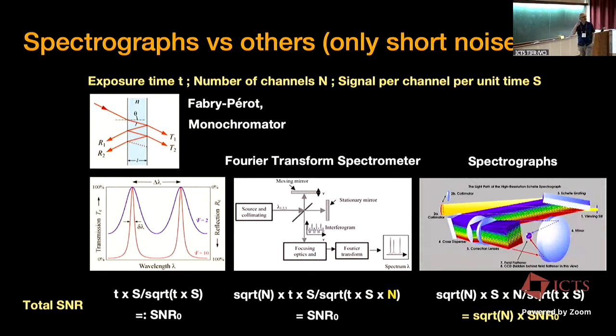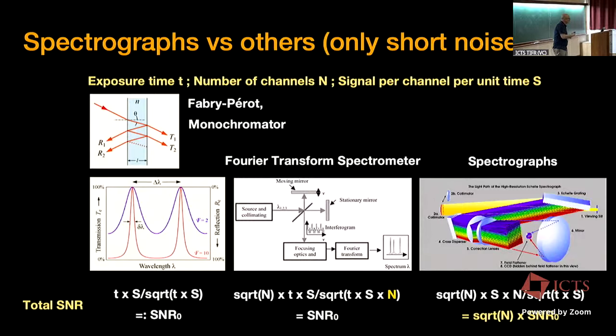Yeah, okay, so the takeaway message is here. I went through these different types of spectrographs or spectrometers because when you are in this business, there are always people who pretend to have found a cheaper and better solution.